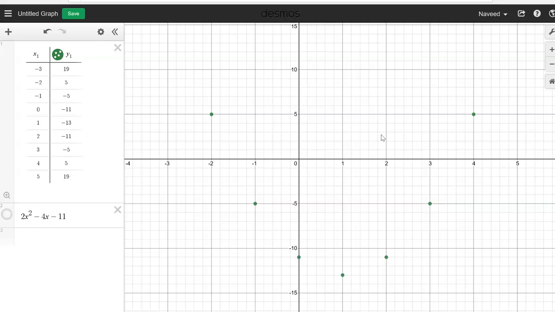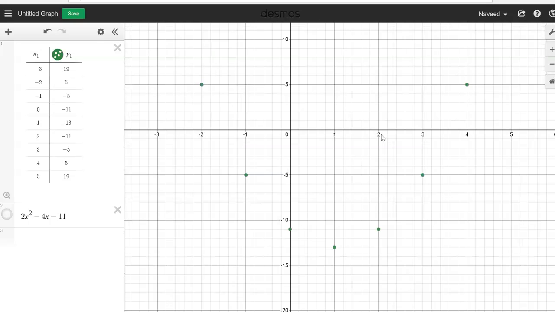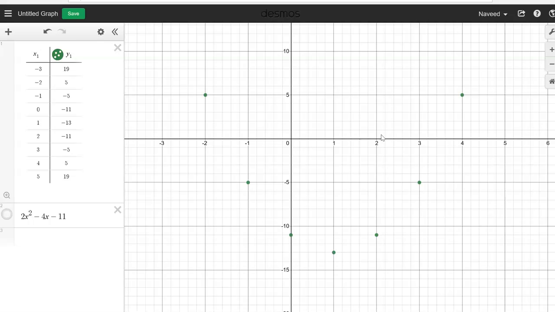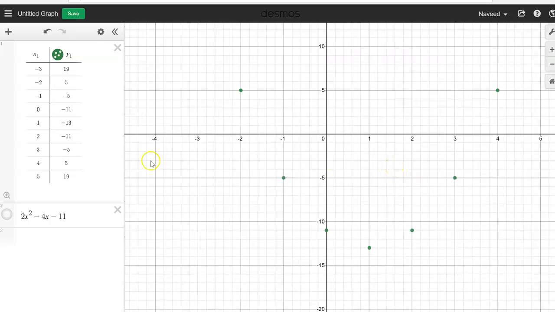All right, and now you can actually do a freestyle and just go through it and then do the graph. Or, obviously if you have graph paper you can do that, but to check your answer, you would come in and punch in the actual equation of the function, 2x squared minus 4x minus 11, and then when you do that, look what happens.